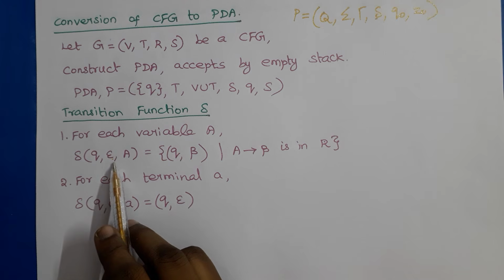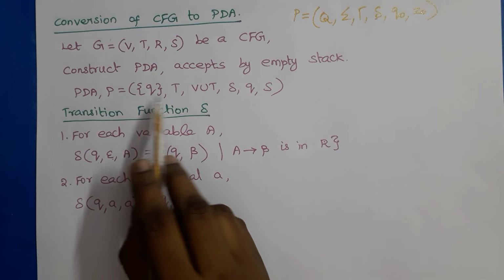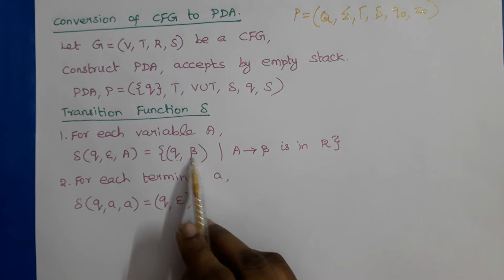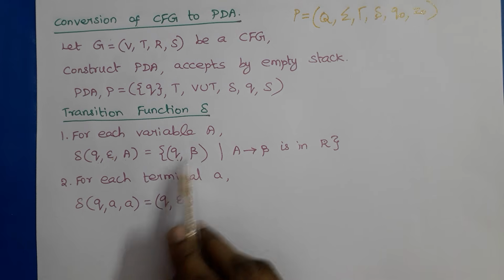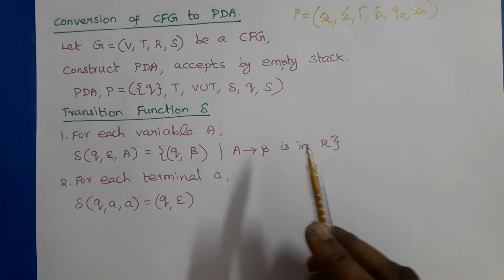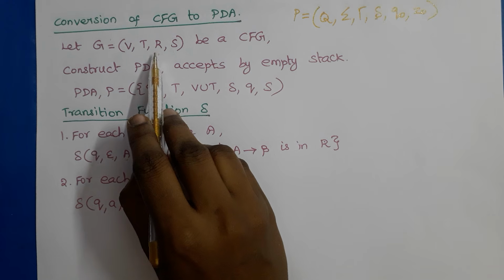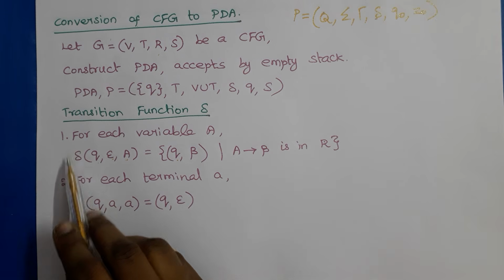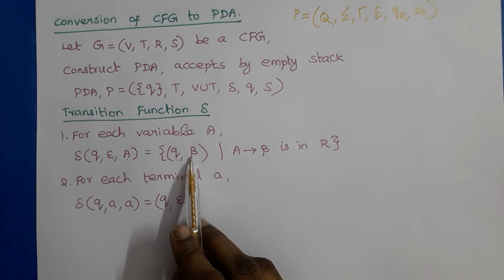So delta(q, epsilon, A) equals the same state q, because we cannot move to any other state, comma, then the string that should replace the top of the stack, that is beta. So delta(q, epsilon, A) = (q, beta) if A → beta is a production in this set of rules.